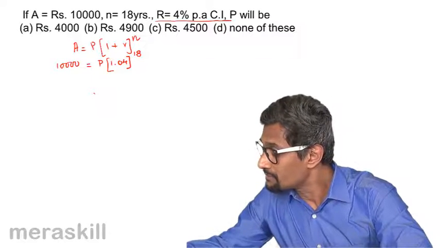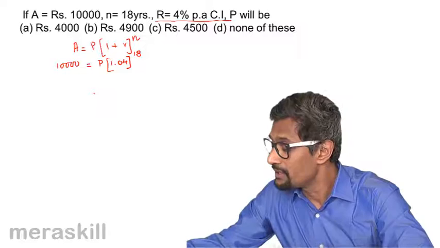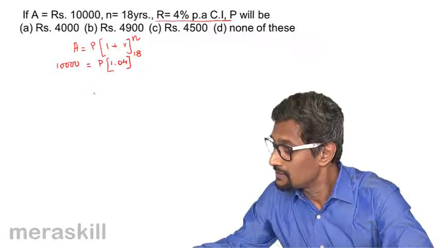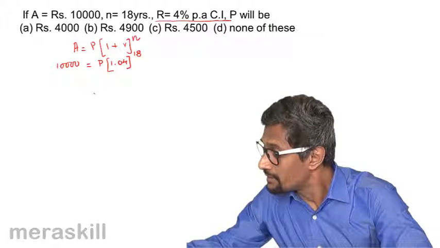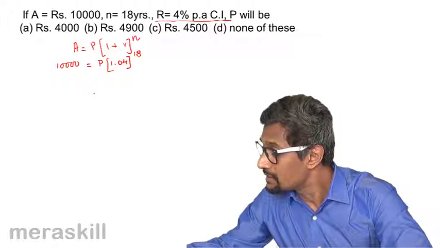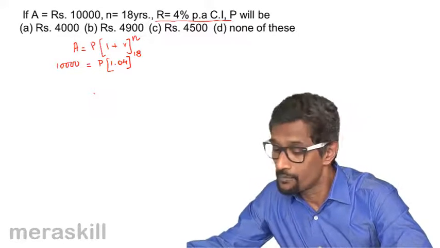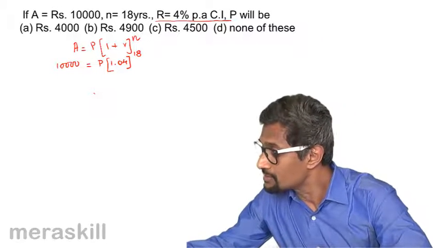Okay, then we can store it in the memory, and then we take 10,000 divided by it, and we have 4936.28.